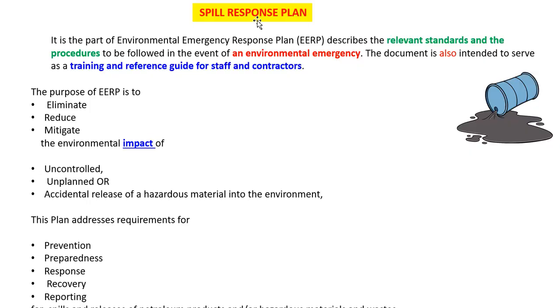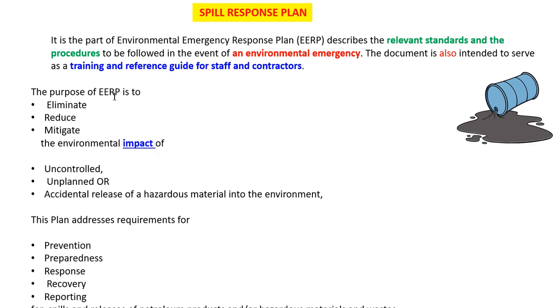Here we have a spill response plan, which is a part of the environmental emergency response plan, ERP. It describes the relevant standards and the procedures to be followed in the event of an environmental emergency. This document is also intended to serve as a training and reference guide for staff and contractors.